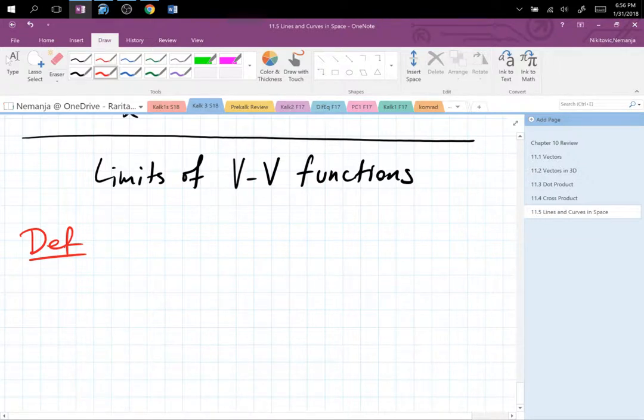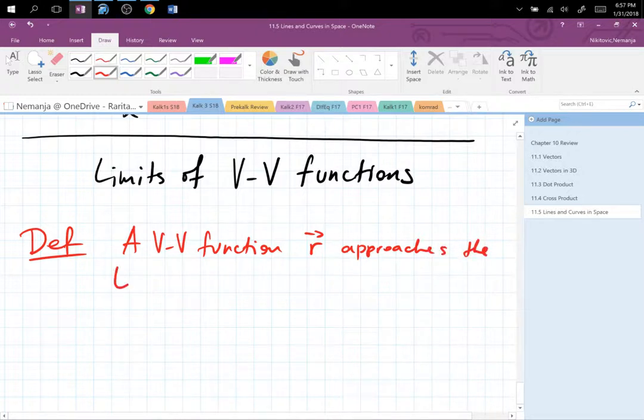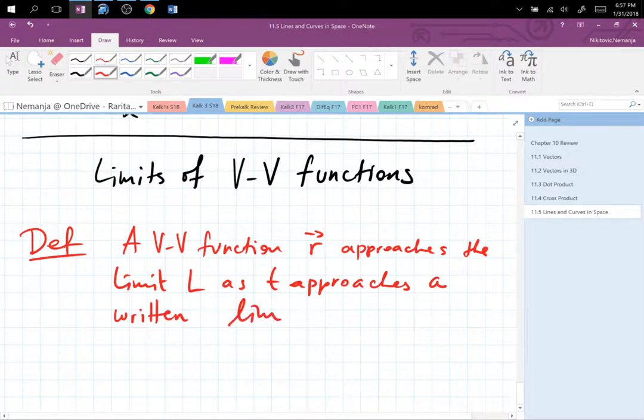So a vector valued function r approaches the limit L as t approaches a, written limit as t goes to a of r of t equals L. Now, that's a vector.